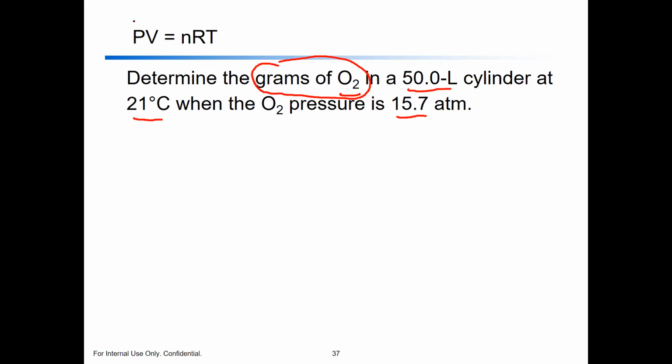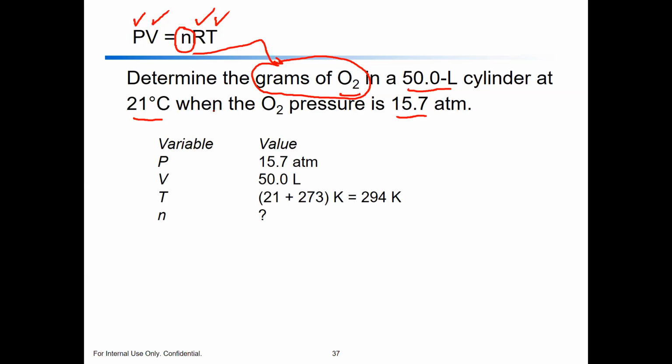So what can we do? Do we know the pressure of that gas? Yes, 15.7 atm. Do we know the volume? Yes, 50 liters. Do we know R? Yes. Do we know temperature? Yes. We solve for moles. Once we know the moles, do you think we know how to convert moles to grams? That's right.